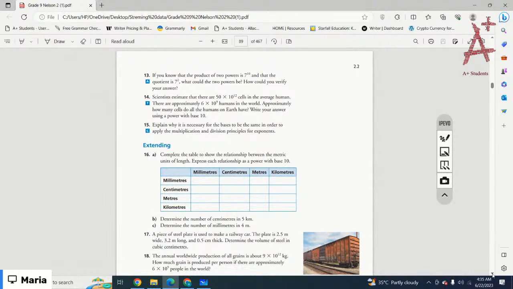Got it? So basically you have to calculate the cells that all the humans on earth have. Got it? That means you have to multiply these two values.